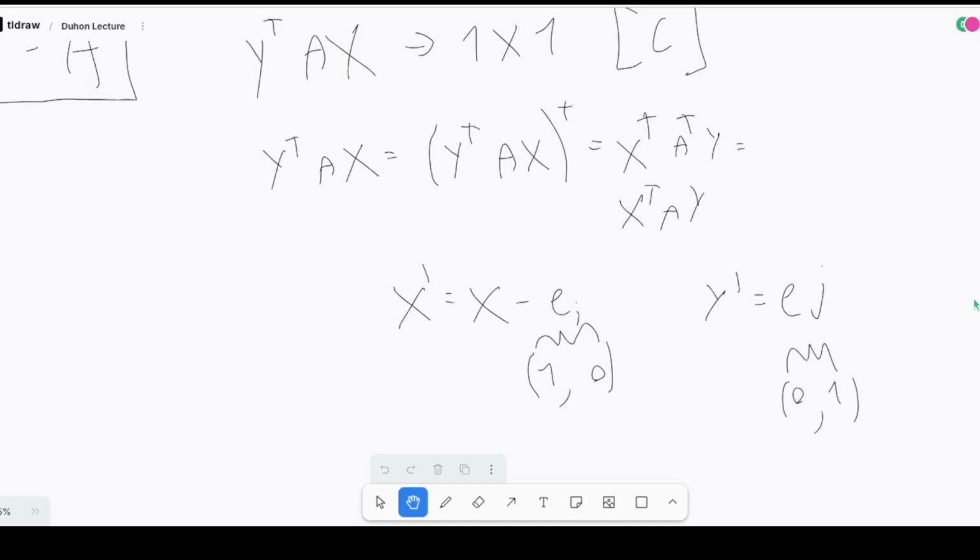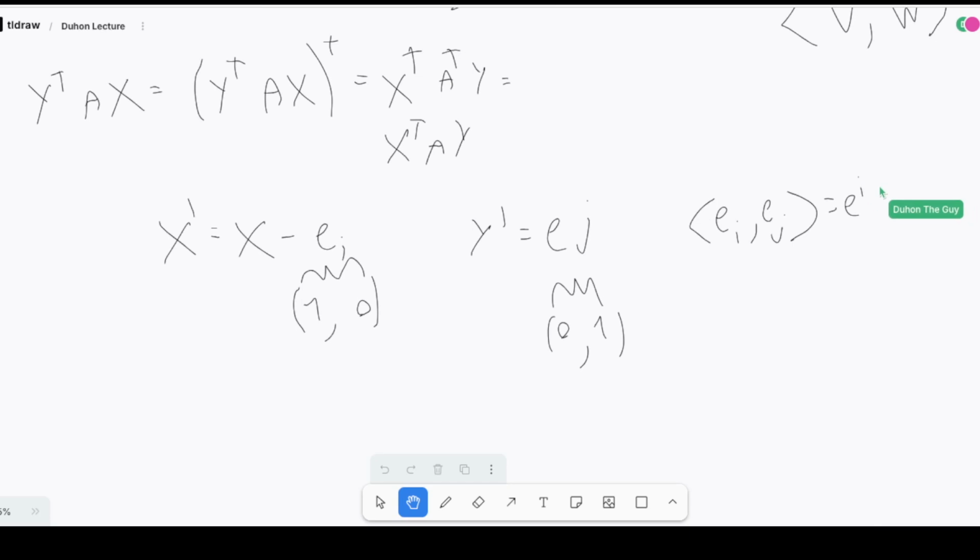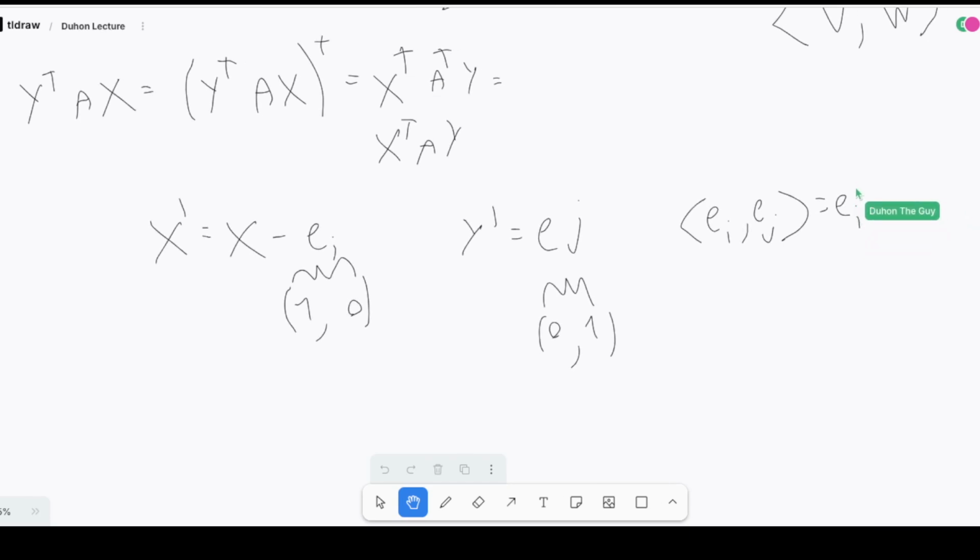So what we're going to do from here is find that... one second. Oh, I found it. Okay, I figured it out. So e_i^T A e_j is going to be equal to a_ij.